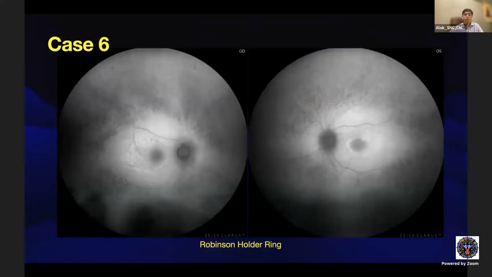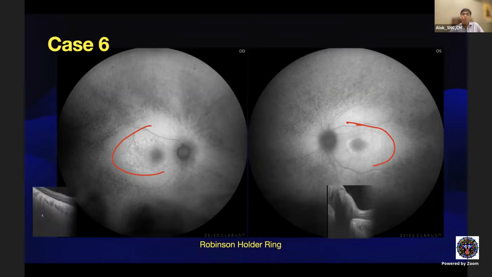And the fundus autofluorescence classically shows a ring of hyperautofluorescence in the posterior pole, which is often seen in patients with retinitis pigmentosa and is known as Robson-Holder's ring, which demarcates the area of viable photoreceptors from those where the photoreceptor is lost.